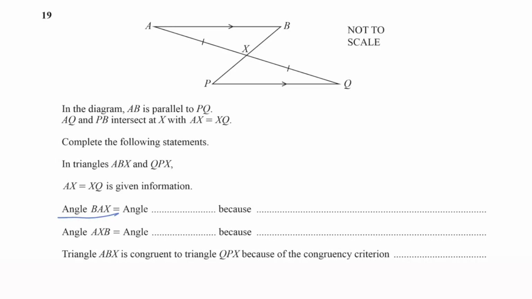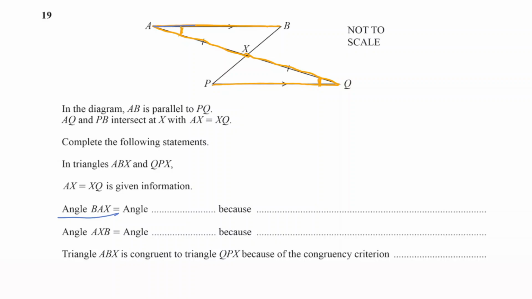So angle BAX is equal to angle what? So try to understand this. Angle BAX, right? This angle will be equal to angle PQX. The reason these two angles will be equal is because this line and this line are parallel to each other.